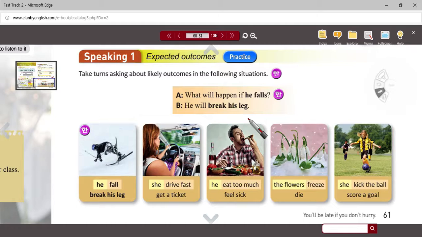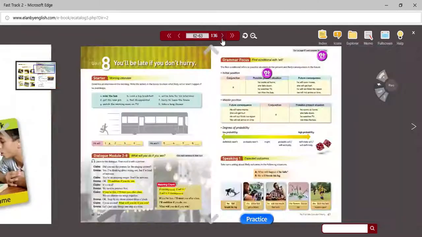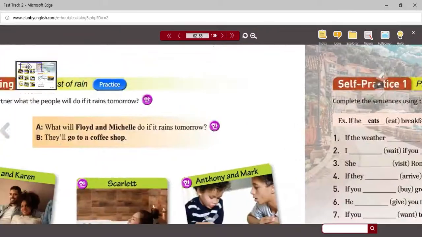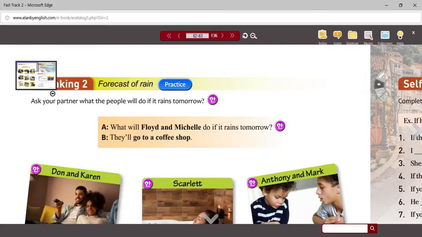Now we're going to do the same thing on the next page, page 62. And you and a partner are going to be speaking again. You'll be talking about these individuals.